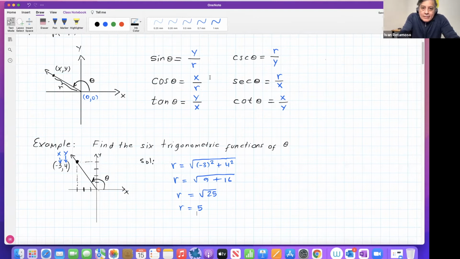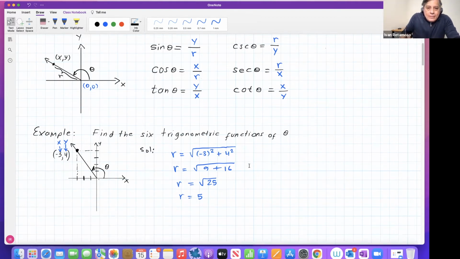So now we have this r, we have x, and we have y. We have all the ingredients for these formulas. Let's start with sine of theta. What will be sine of theta? Well, y over r. y is 4, r is 5.